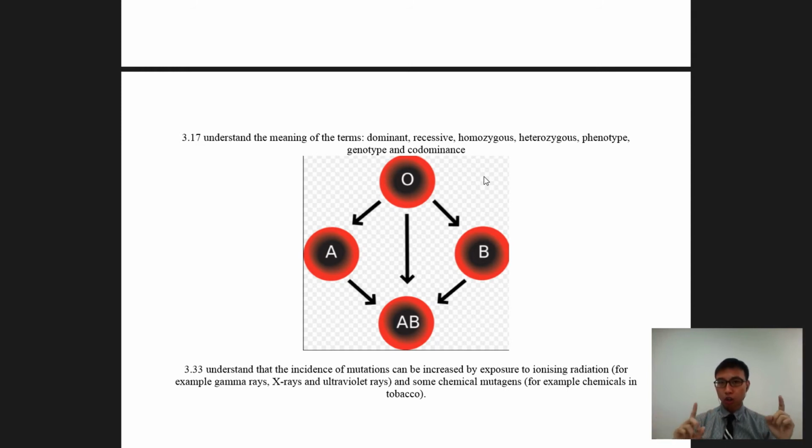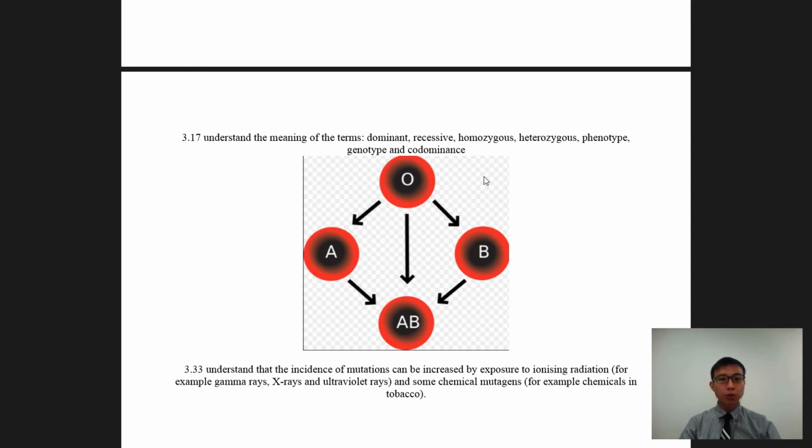So that's dominant, it's always expressed. Recessive will only be expressed when you have two copies of the recessive allele. So we call that homozygous recessive. Hence, homozygous recessive means two recessive alleles, and homozygous dominant is two dominant alleles.